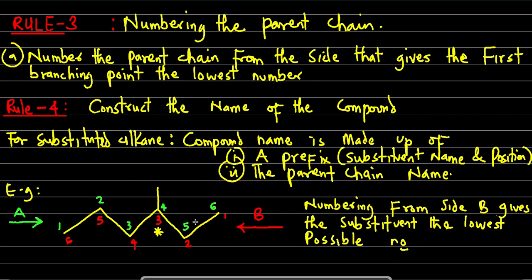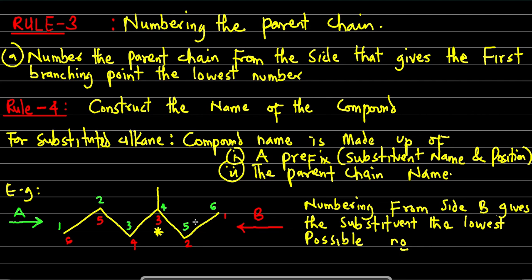You number the parent chain, and then at the end of the day, you check which position any particular substituent is attached to. All right, but you don't just number the parent chain anyhow. There are laid down rules and procedures for you to number the parent chain. Okay, so I said number the parent chain from the side that will give the first branching point the lowest number.